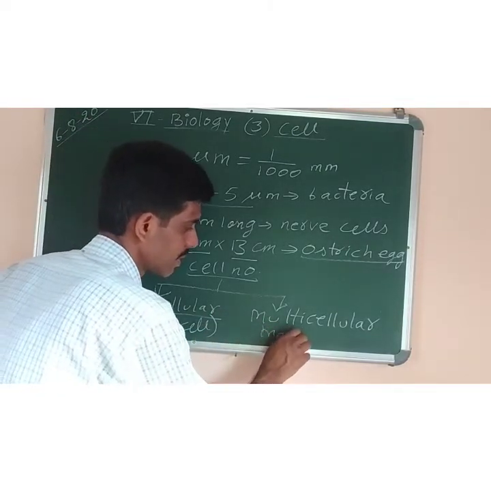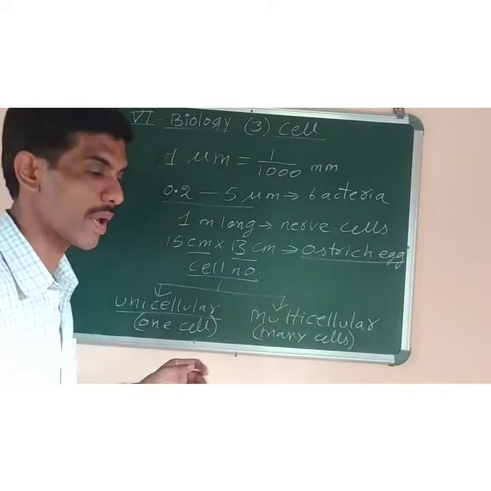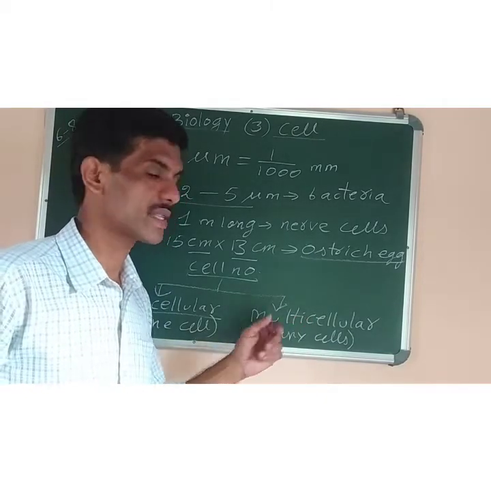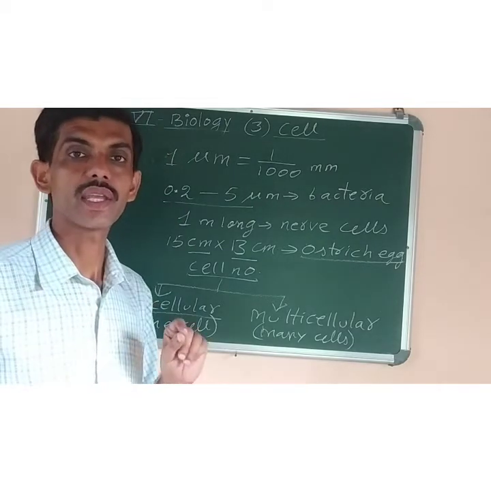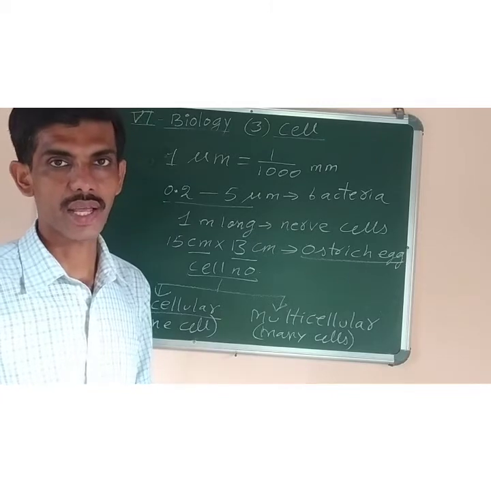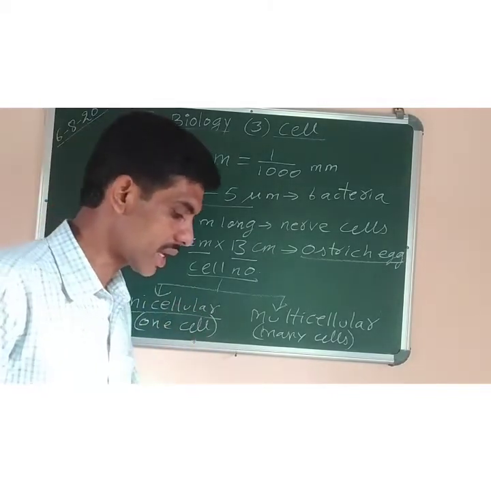Like all the plants, mango, guava, tree, all the animals, even human beings are also multicellular, okay? And all the smaller ones like bacterial cells are unicellular, made up of a single cell. Amoeba is a single celled animal. Similarly, many single cell plants and animals are there in nature.